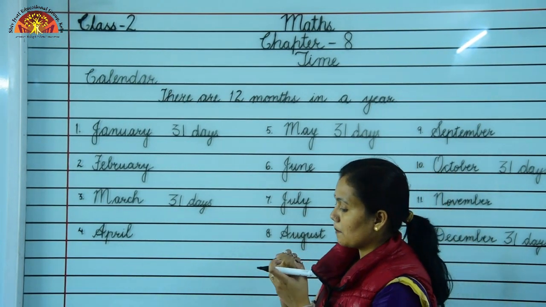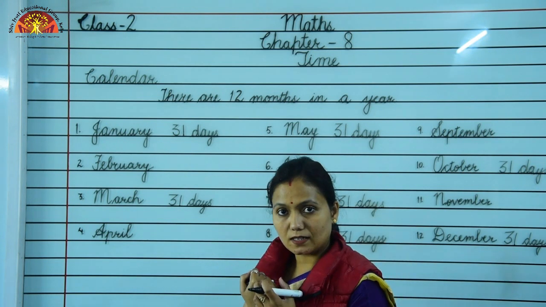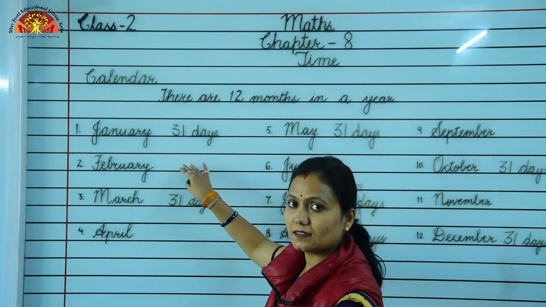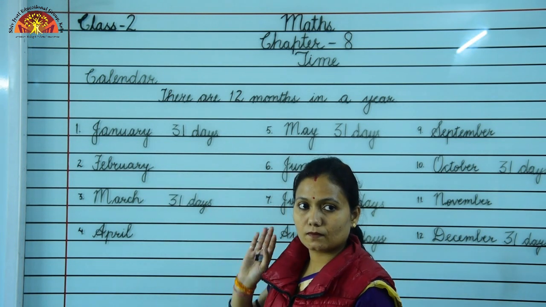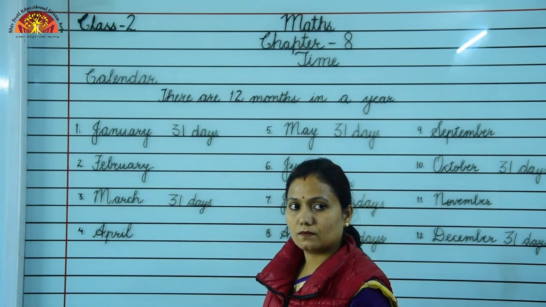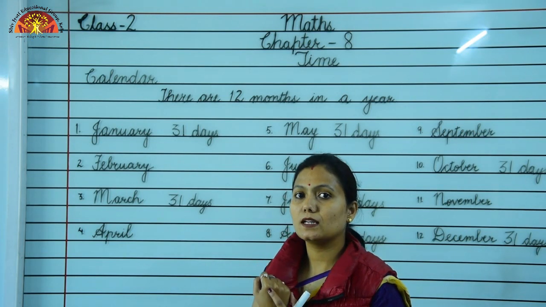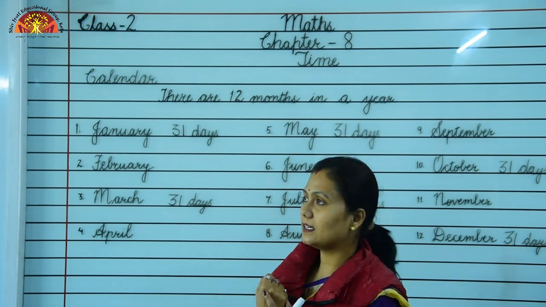Now, the spaces between the knuckles represent months with 30 days.